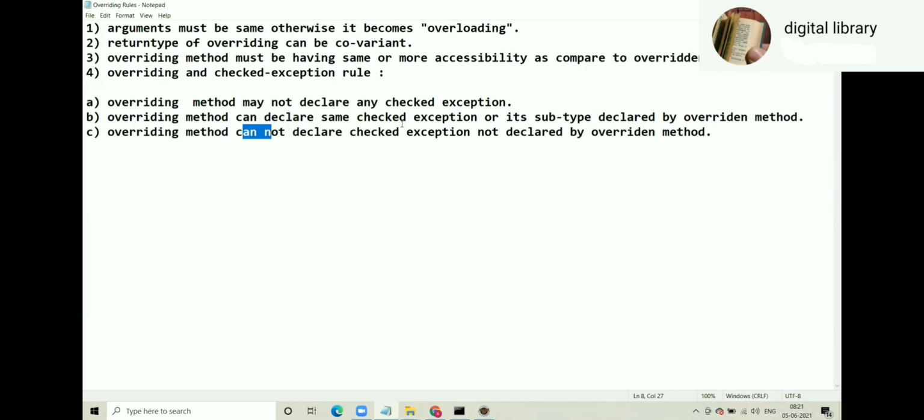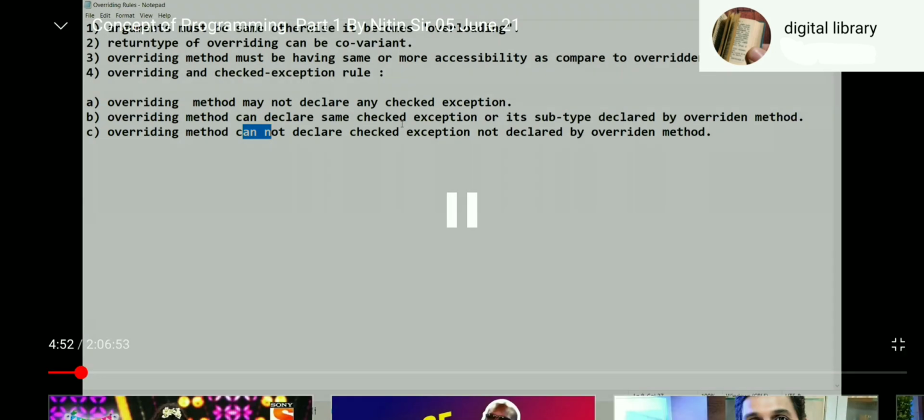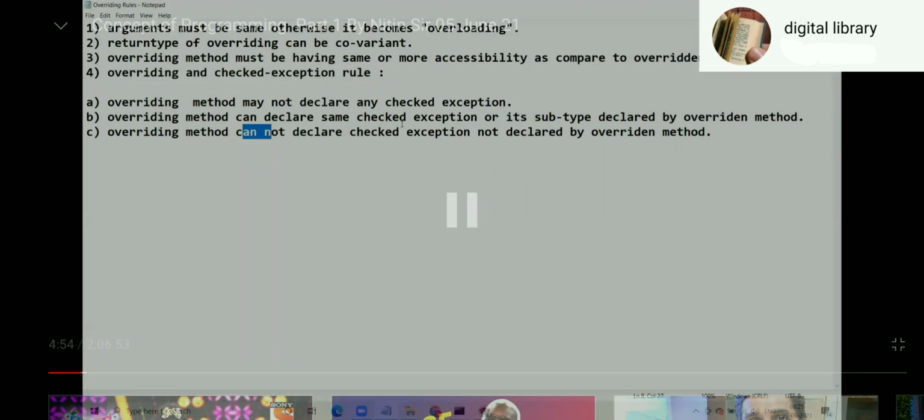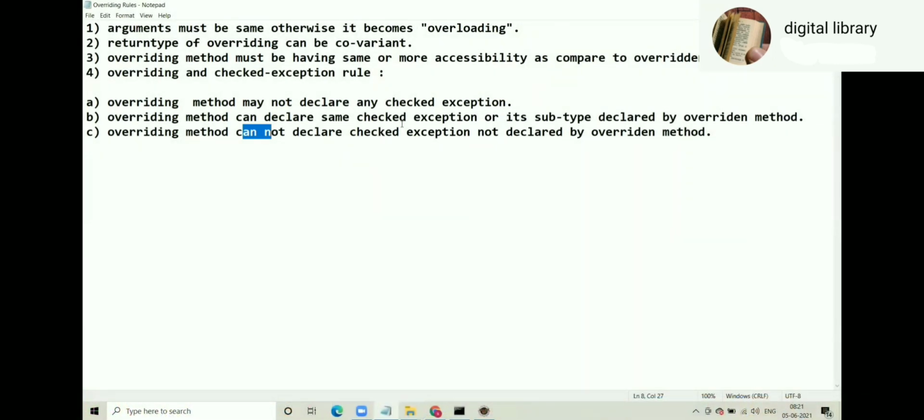For example, instead of may not, if you say cannot, the meaning will change. So wherever wordings are there, you have to maintain the same wording, and with practice, you will be able to answer it fluently. No problem.